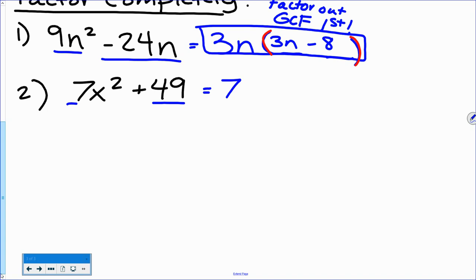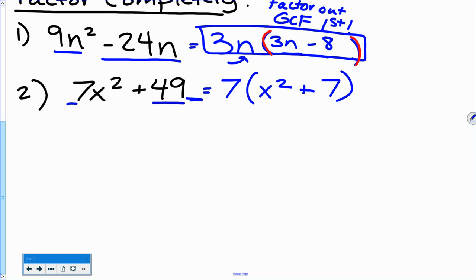The first problem I had, I put the n out in front. Will I be able to put x with that 7? I will not, because this 49 does not also have an x. They need to share that in common. So there will be no x there. So then I'm left with x squared plus 7 times 7 would give me 49.